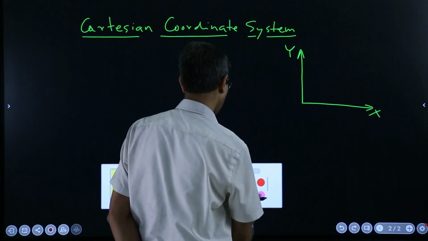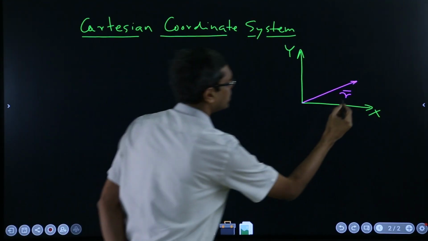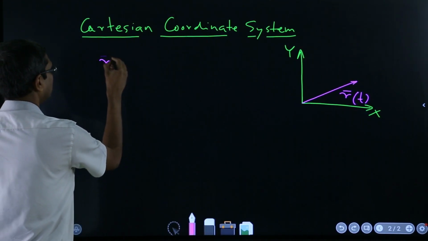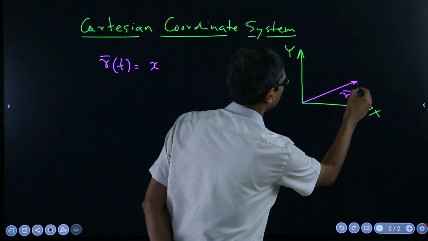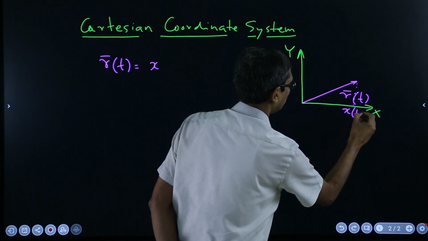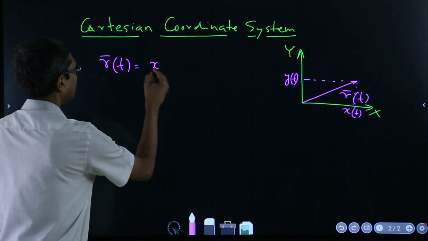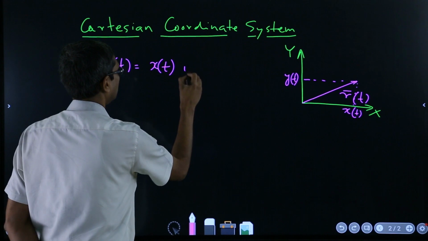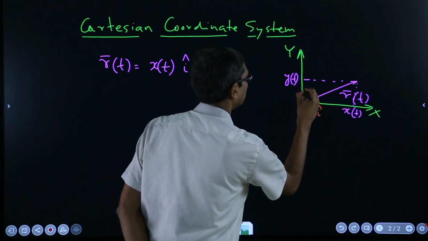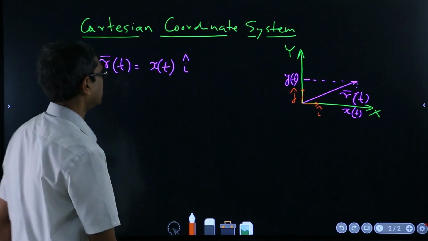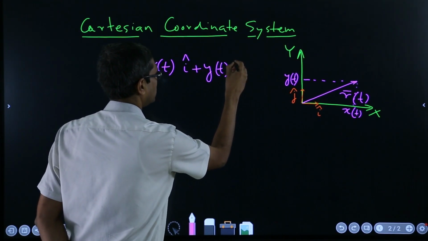Any position vector r as a function of time can be represented as its x coordinate, which will be a function of time, times i, where i is the unit vector in the x direction, plus its y coordinate, also a function of time, times j, where j is the unit vector in the y direction.